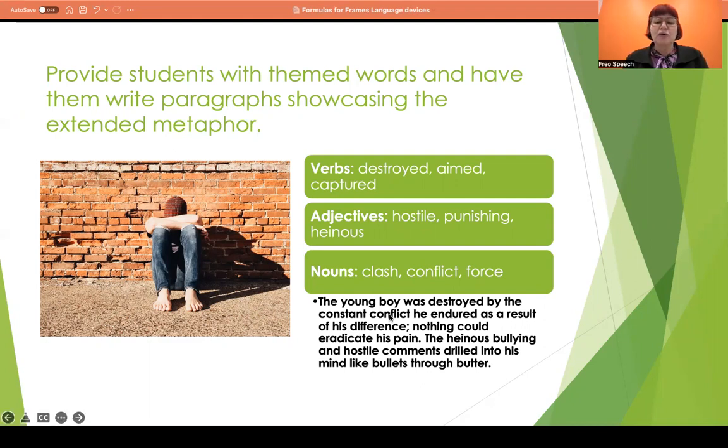You've got destroyed, conflict, endured, difference, eradicate, pain, heinous, hostile, drilled, bullets. So you can see here how we've used all those terminologies from war to relate to bullying in a very effective way.